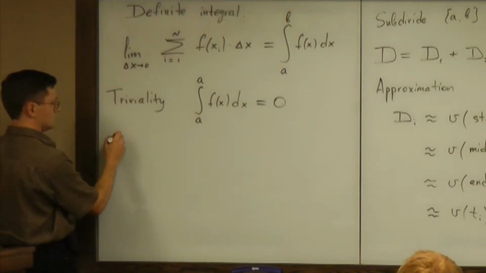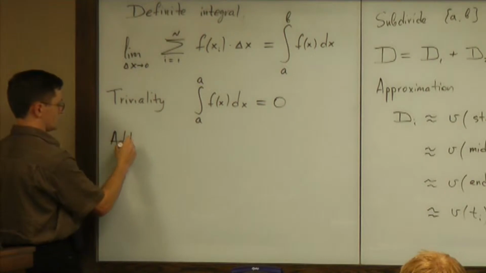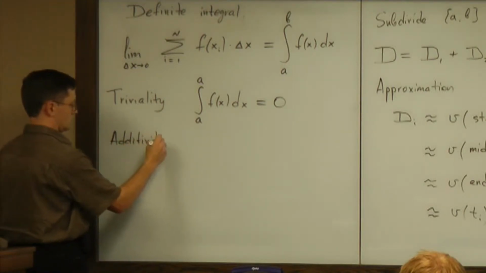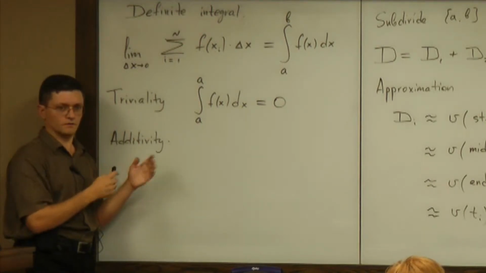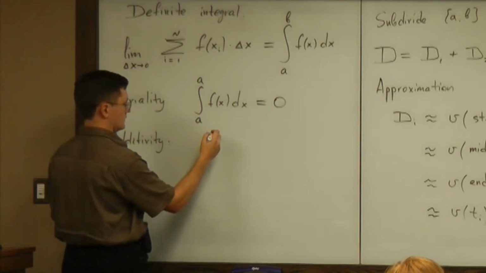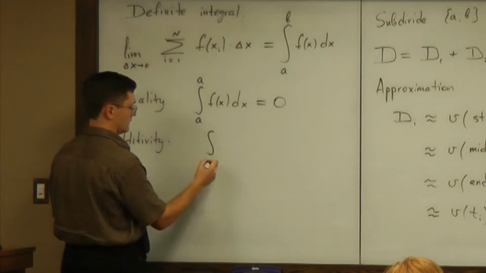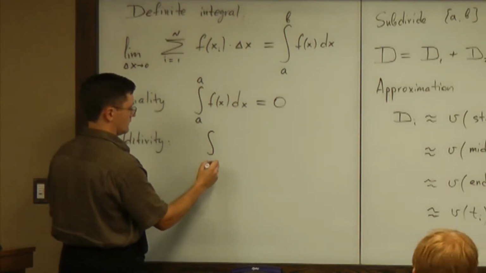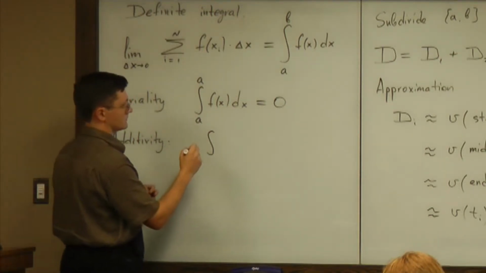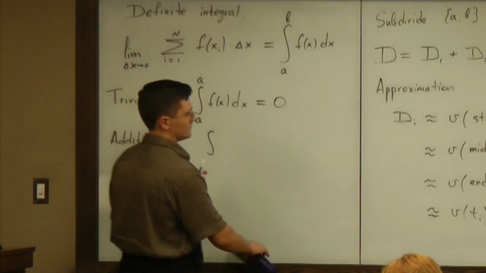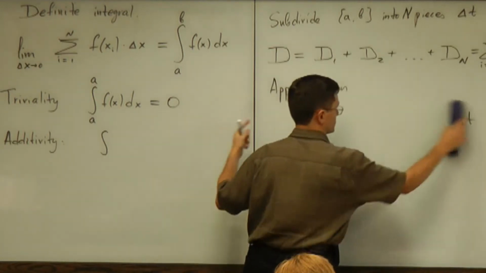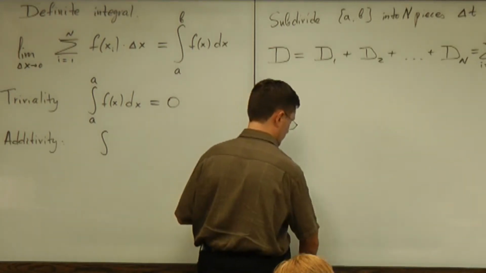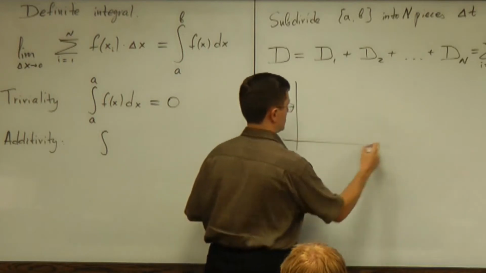And now what would be additivity property? How would you? So let's say what additivity is in terms of the area, and then try to mimic here in the formula what we want.